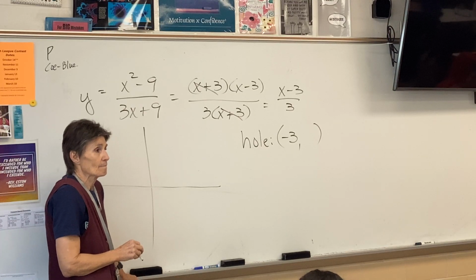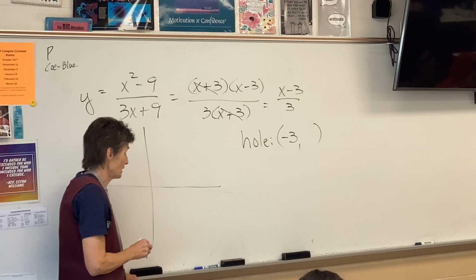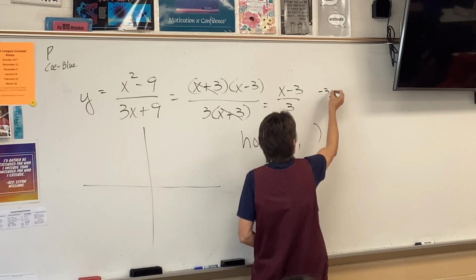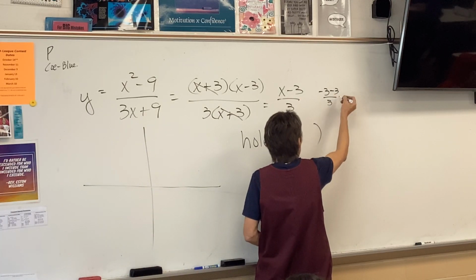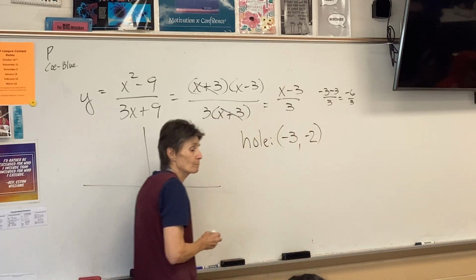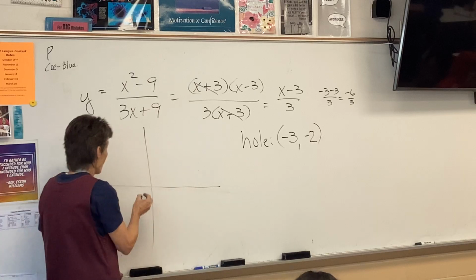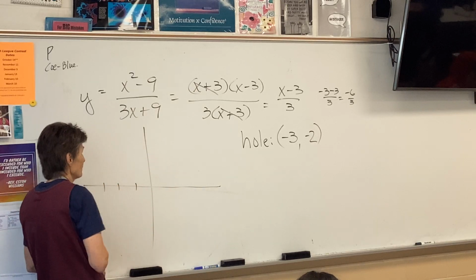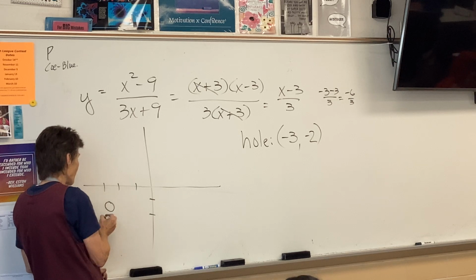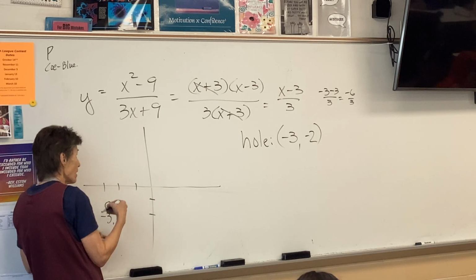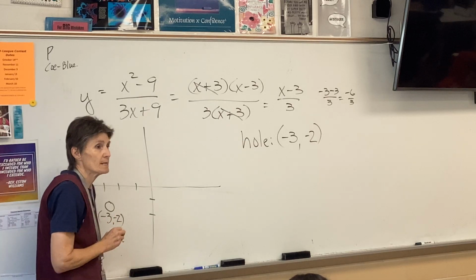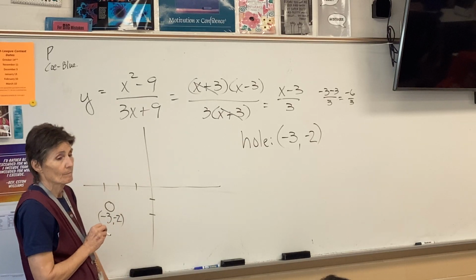And then we'll fill in that negative 3 right here, and I will get negative 2. So on my picture, I will put a nice open dot, a hole in the picture, at (negative 3, negative 2).